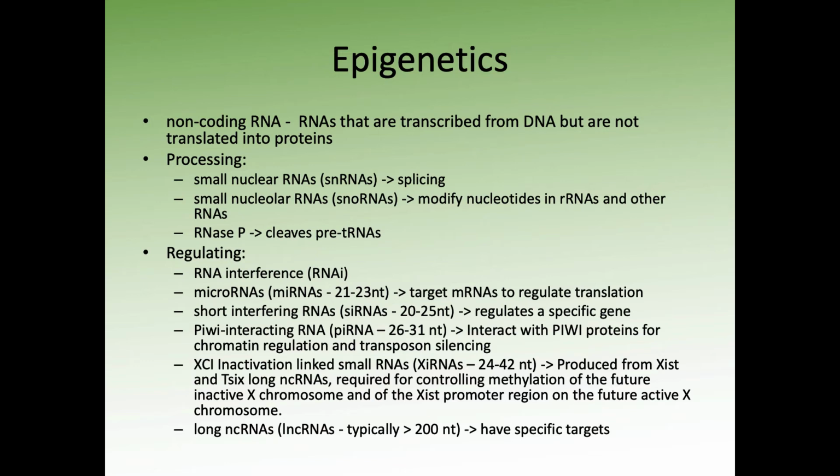There are a wide range of these non-coding RNAs, and they can be involved in a variety of different things like processing of cellular products. We could be talking about things like small nuclear RNAs, which are involved in splicing, or snoRNAs, small nucleolar RNAs, which can modify nucleotides in rRNAs and other RNAs.